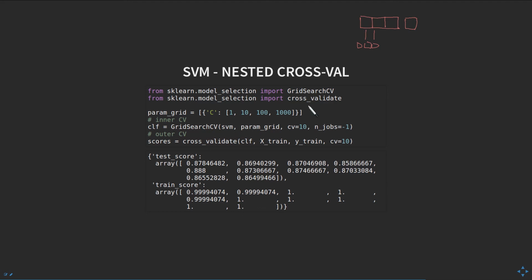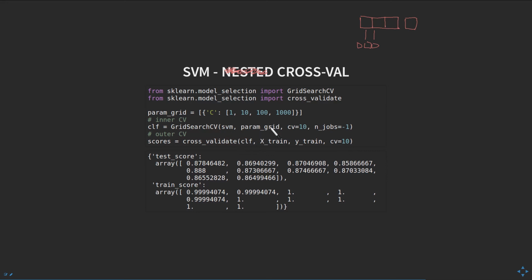This is just doing double cross-validation, so it doesn't necessarily qualify as nested cross-validation. You would need a bit more fancy implementation for this, but this is one way to at least do a separate cross-validation for tuning and then for evaluating your model.